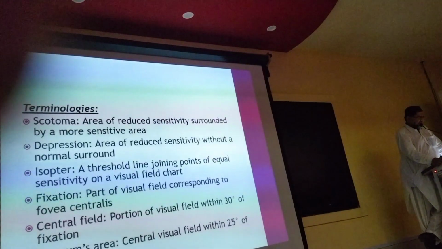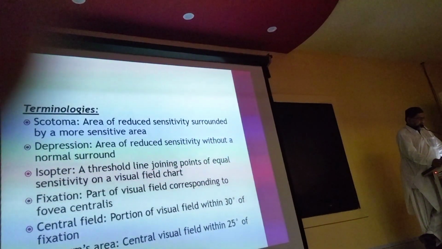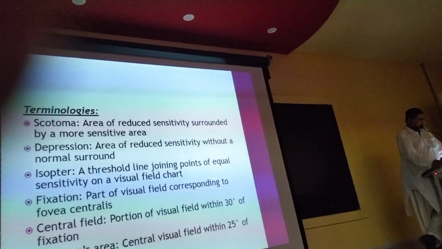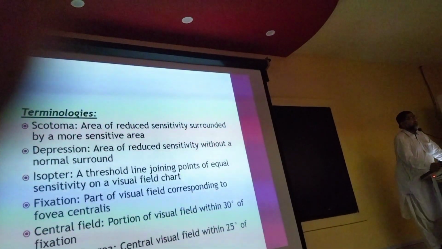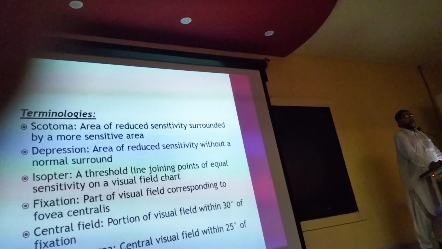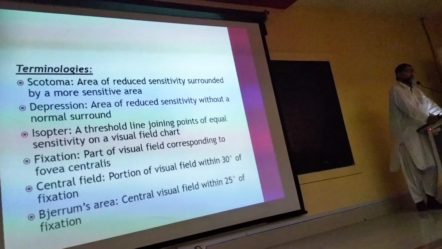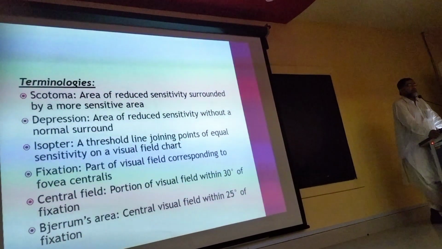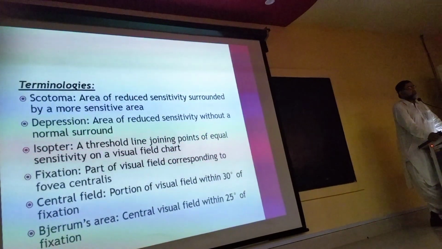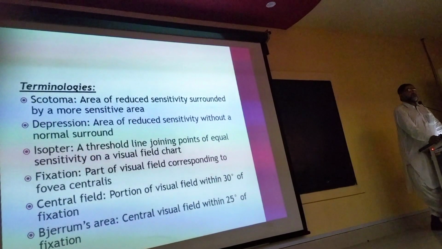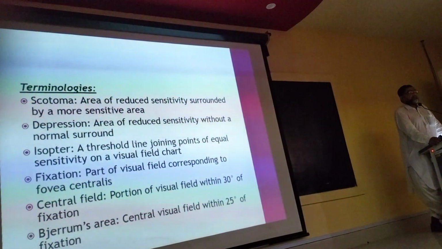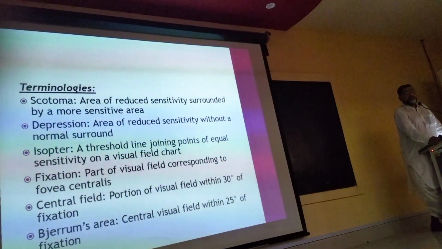Isopter is a threshold line joining points of equal sensitivity on a visual field chart. Whenever we draw a visual field chart, there are some points in the visual field which have an equal sensitivity of perception.